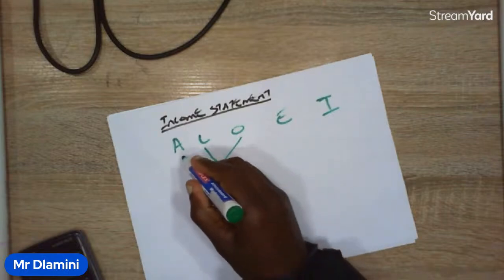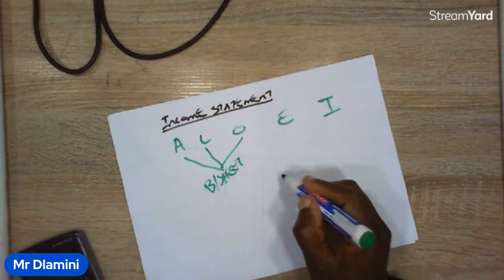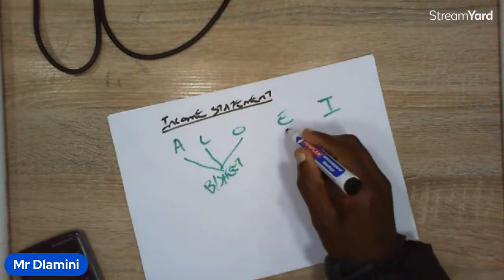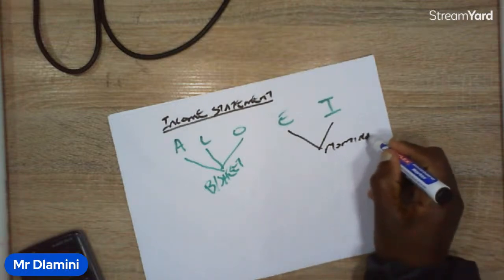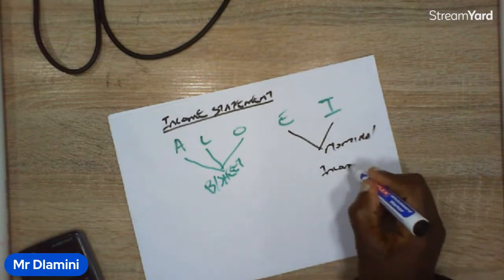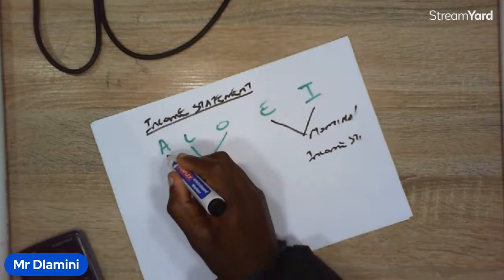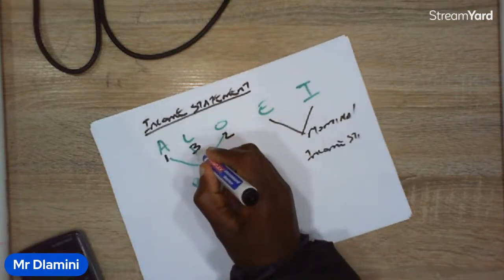These first 3 letters, it's a balance sheet. Remember last time when we were doing a balance sheet? And then the last 2 letters, this is the nominal, or this is income statement.